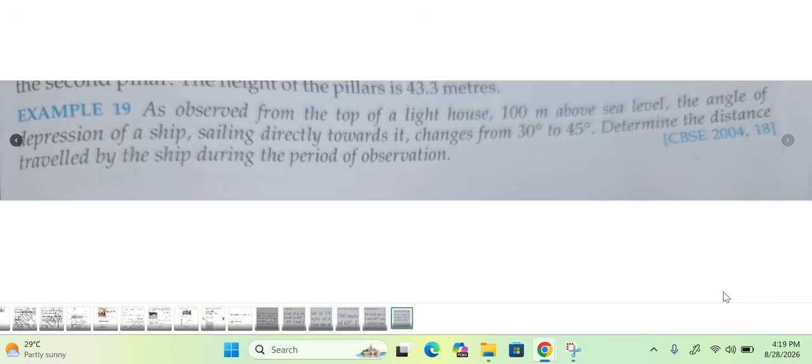Draw the diagram clearly and the rest we will do. The diagram is the most important part of the question.